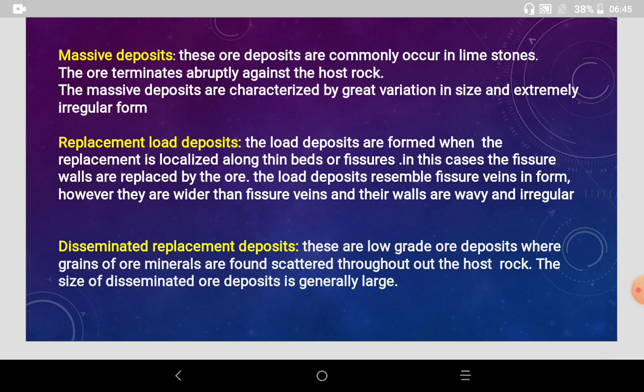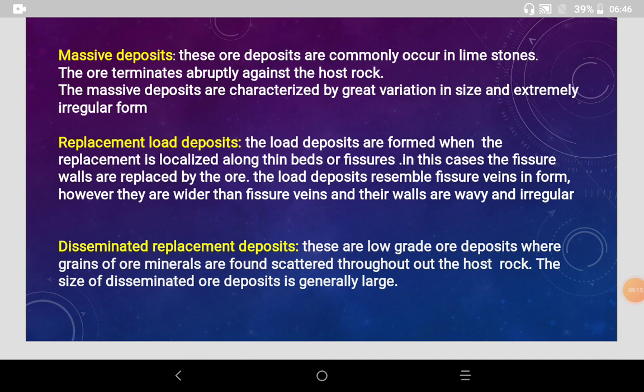The mineralizing solution spreads in the host rock and gives rise to scattered specks, grains, and small veinlets of ore scattered within the host rock. The boundary between the ore and the host rock is vague and gradational. This type of deposit, being of low grade and huge, requires large scale mining.